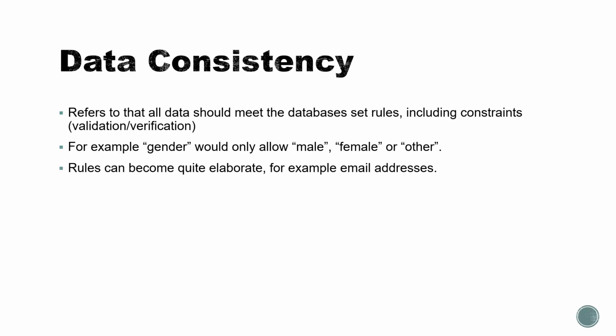So the data in the database should meet the rules. I've got an example there of gender, which, for example, could only allow male, female, or other. Or you may have a rule which says that all customers should be 18 and over, but the max age will be, let's say, 120. So they would need to ensure that everything is within those bounds.